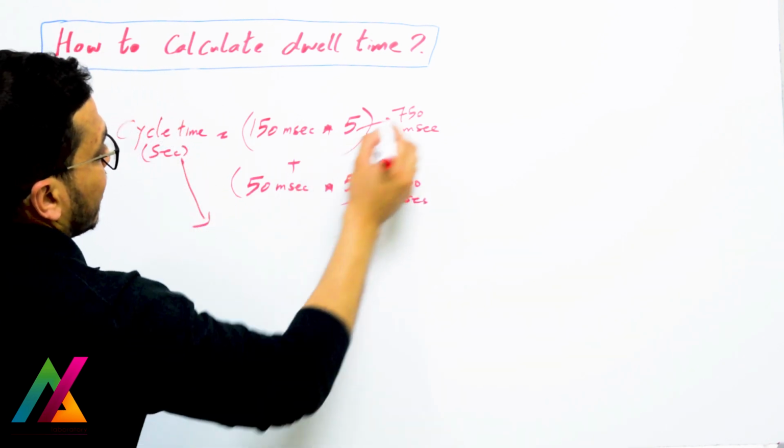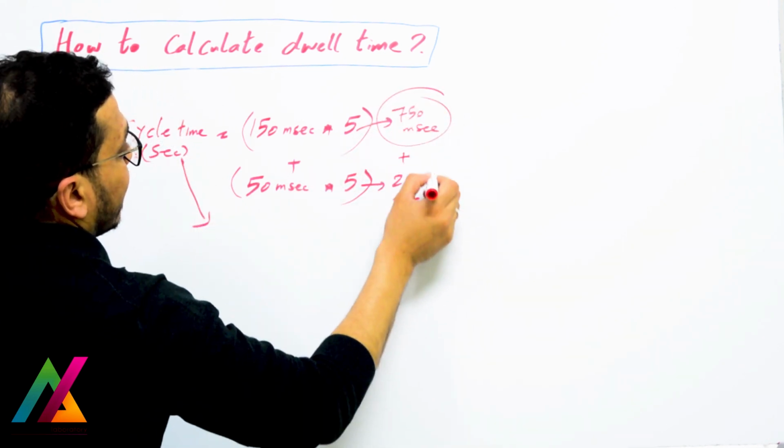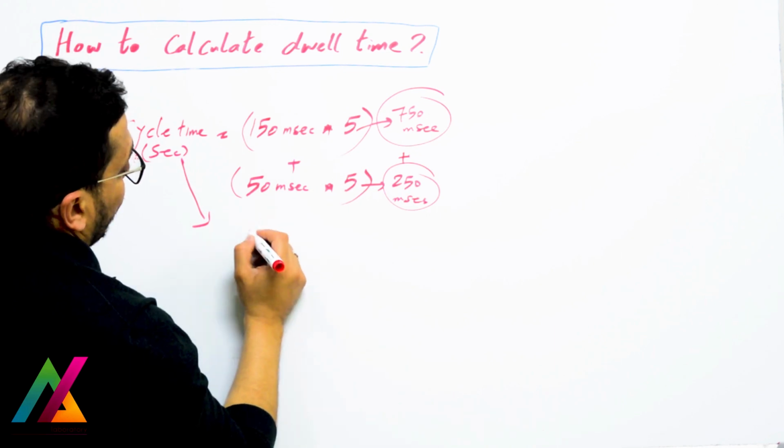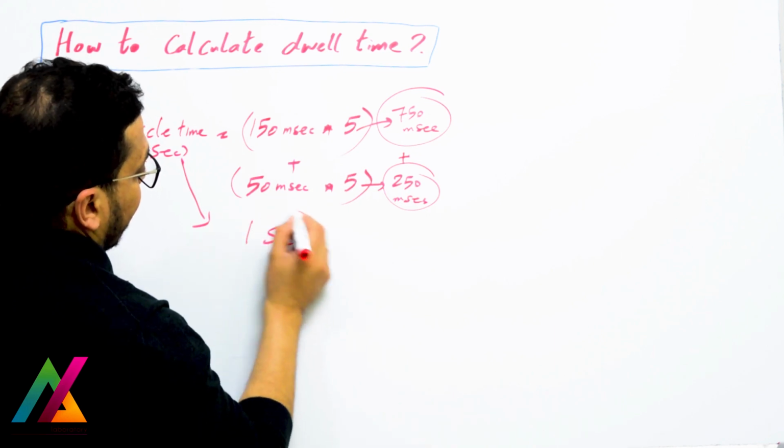So cycle time, 750 plus 250, will be 1 second.